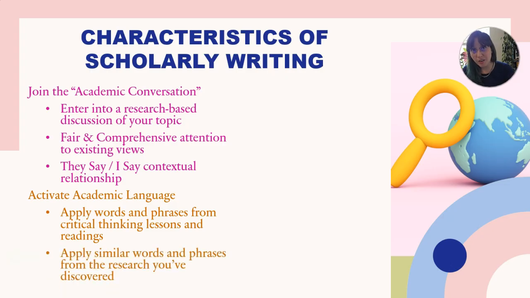And then also, since we're engaging in the context, we want to apply similar words and phrases from the research that you've done. So as you review your sources, really keep an eye on effective phrases, statements, and things that the community is using when they discuss the topic. That will help give you a more seamless context.